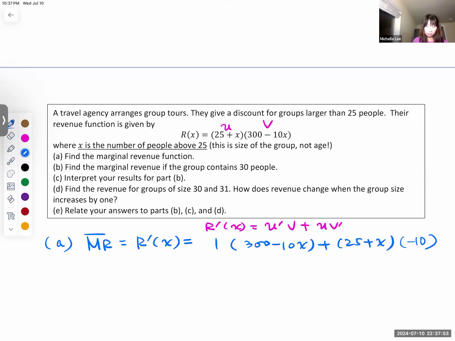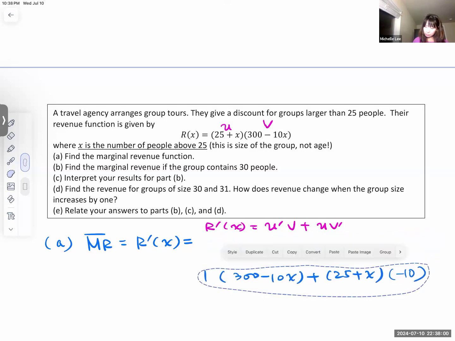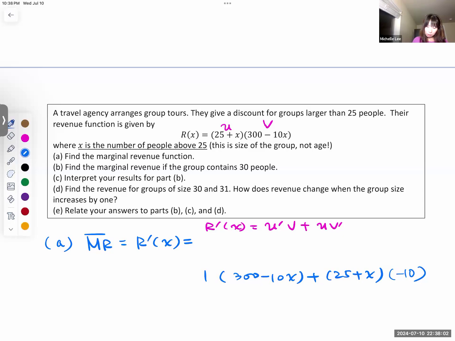Oh, you want me to write it down? Okay, so let me write down this way. So, hold on 1 second. d over dx of 25 plus x, v, plus u, and 300 minus 10x.